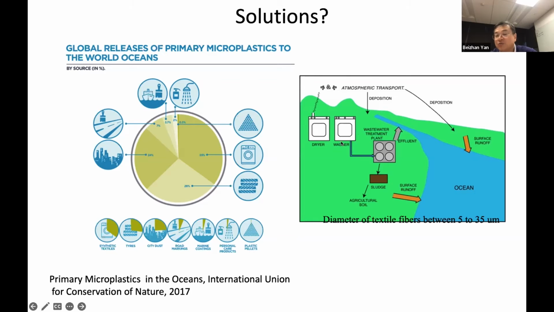The second way is from the washers. In the washer, because you have detergent and abrasion during washing, a lot of fibers break down from your clothes. Washers typically don't have very fine filters, so the fibers are released directly into the sink, which connects to the wastewater treatment plants.